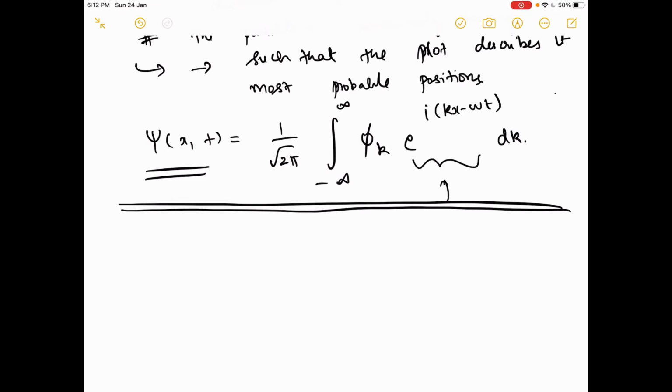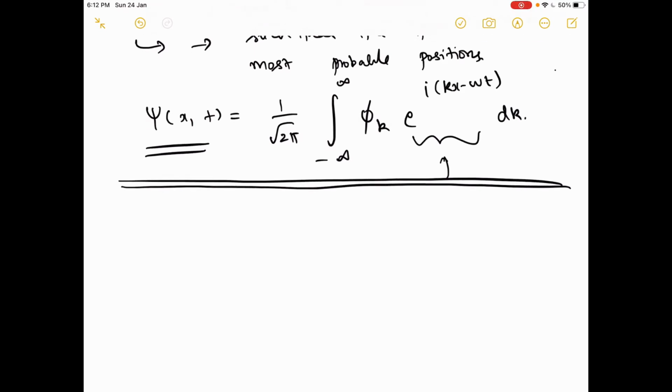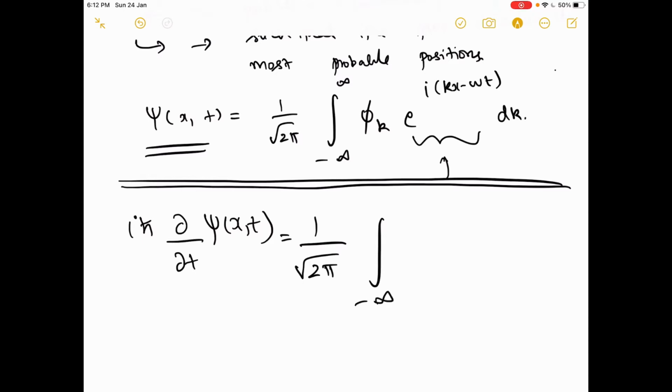Now if this is true, if I assume that this is the wave function, then I take this operator i h bar dou by dou t of psi of x comma t. And of course this 1 by root 2 pi comes because of the normalization conditions, right? We assume that the particle exists somewhere in space, and 1 by root 2 pi comes from there. I get 1 by root 2 pi integral minus infinity to plus infinity psi of k.